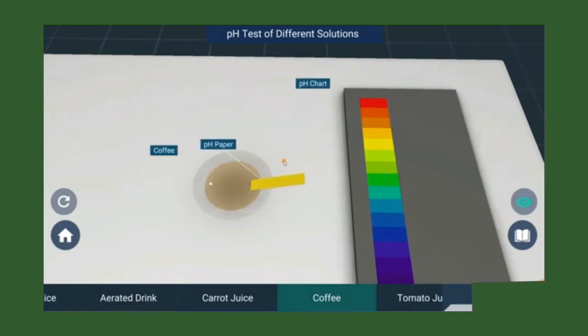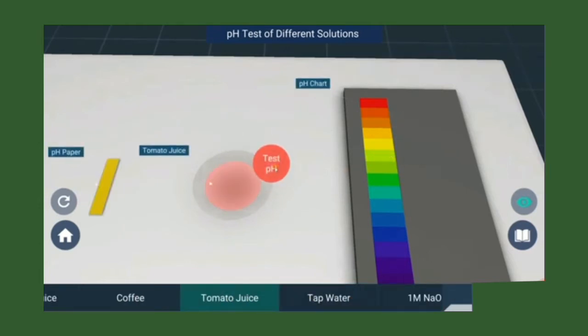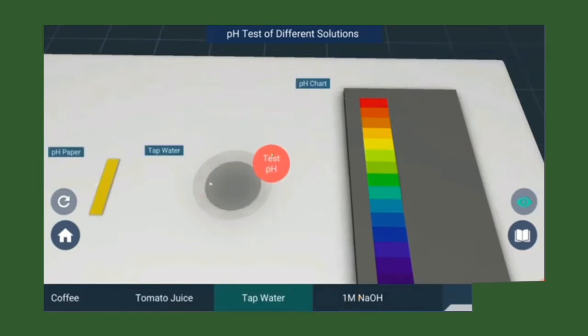Coffee has the pH value 5.0, it's acidic in nature. Tomato juice has the pH value 4.1 and it is acidic in nature.